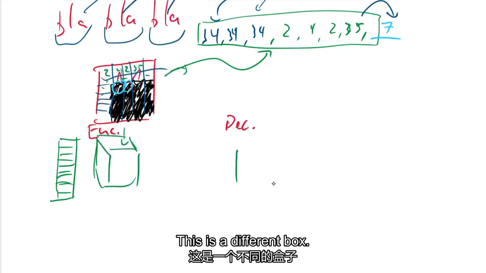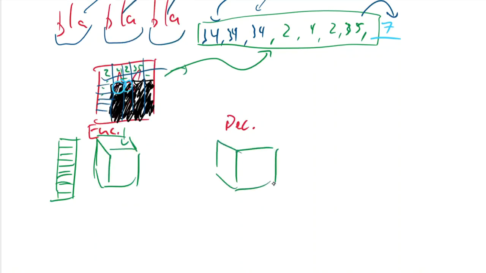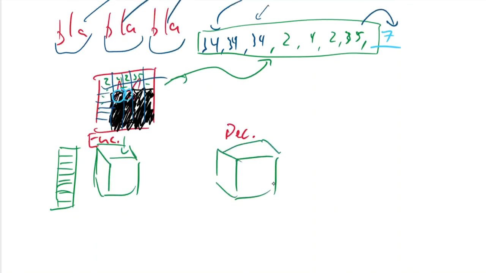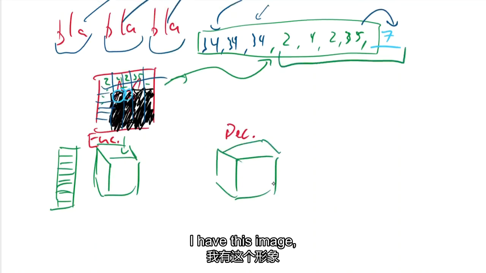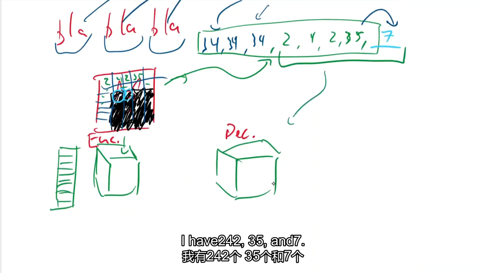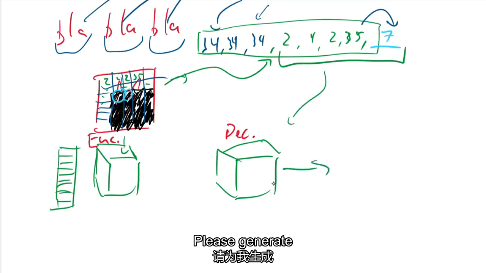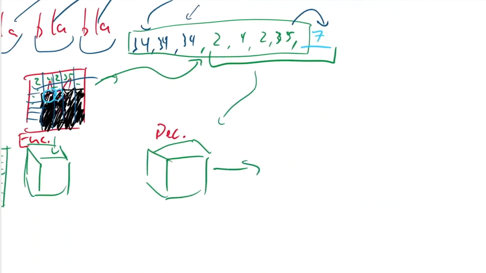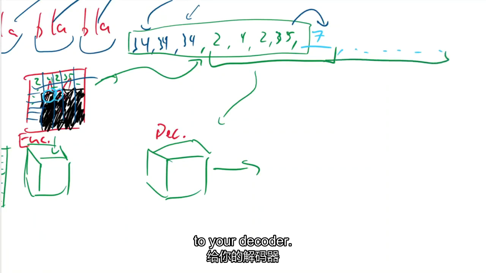This is a different box, and you ask it, I have this image, 2, 4, 2, 35, and 7. Please generate an image for me for that. Or maybe you want to wait until you have the complete image, and you give this to your decoder.